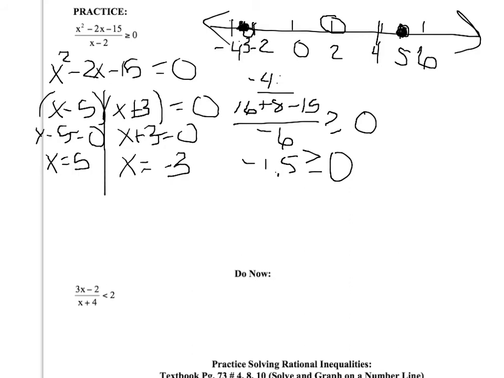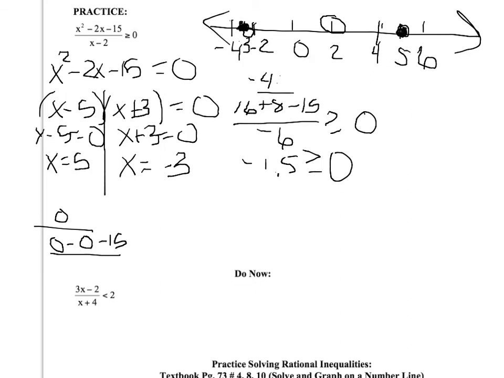Now I need to pick a number in between the negative 3 and the 2. I'm going to choose 0. It's easy. So let me check 0 now. Plug 0 into your equation. 0 squared is 0. Minus 2 times 0 is 0.